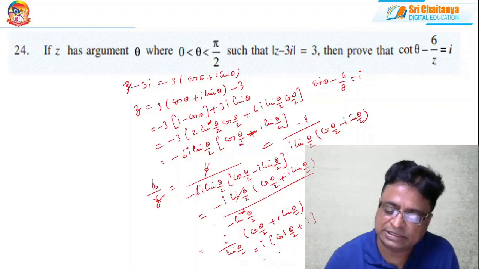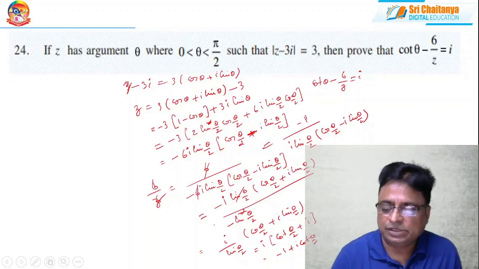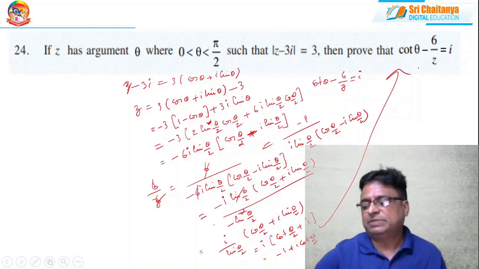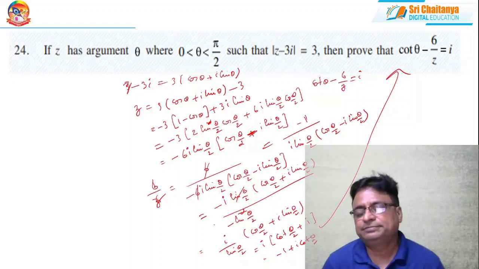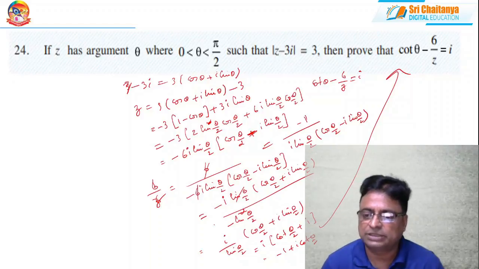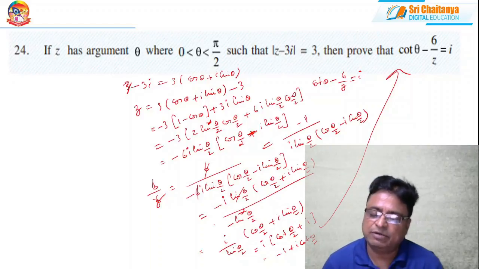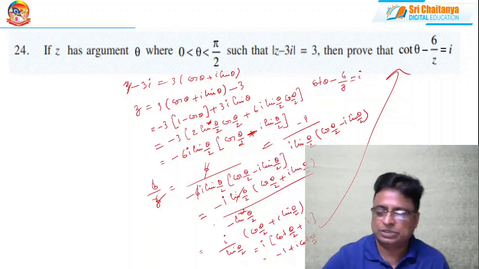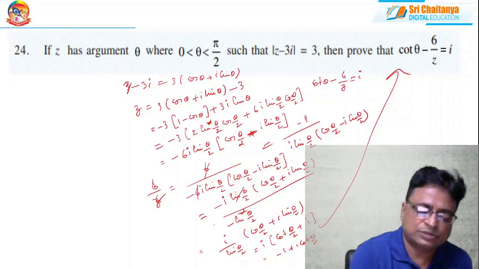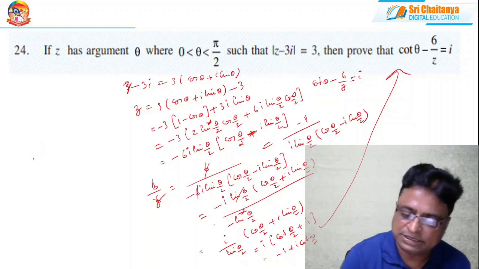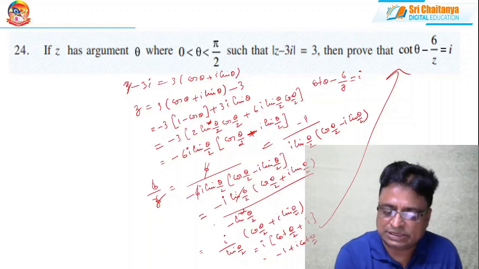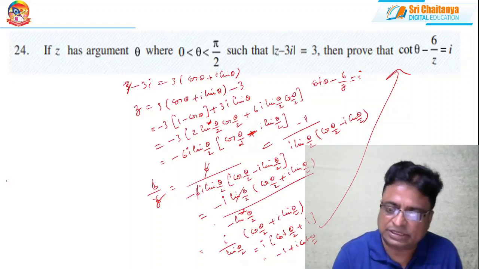Again I can write it as minus 1 plus i cot theta by 2. So after simplification, you can get cot theta minus 6 by z is equal to i. This is simply a way to prove. How come? Very simple. If I have multiplied on both sides with i, so sorry, 6, that's right.